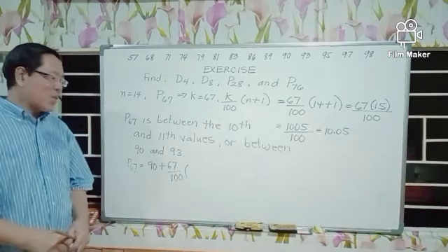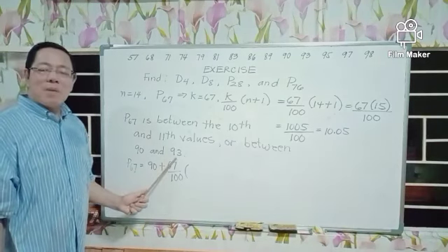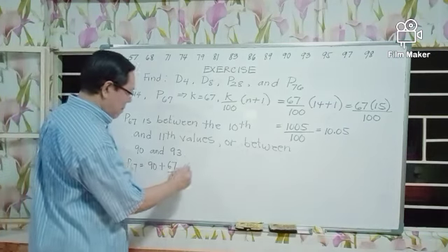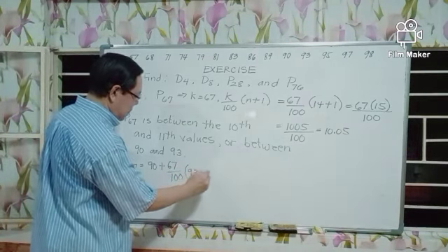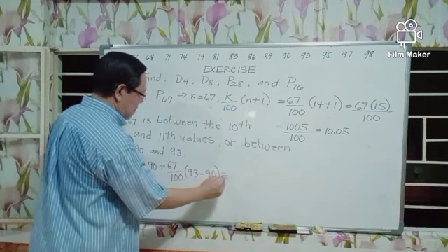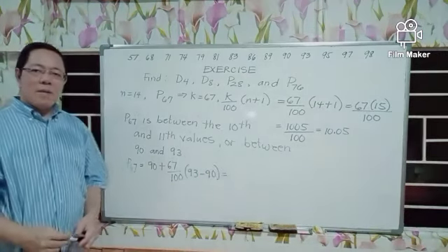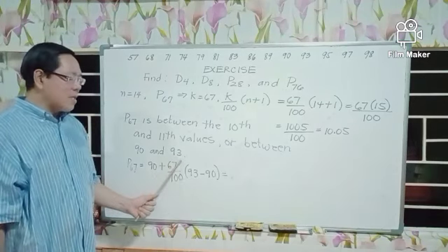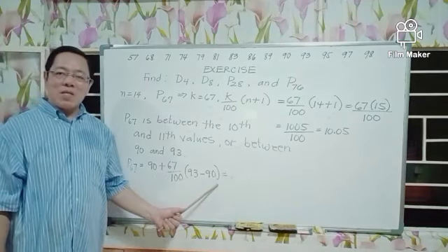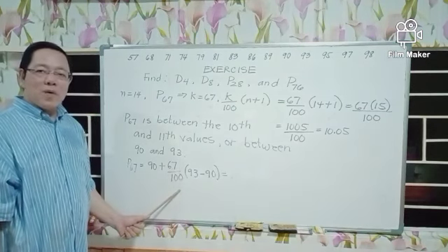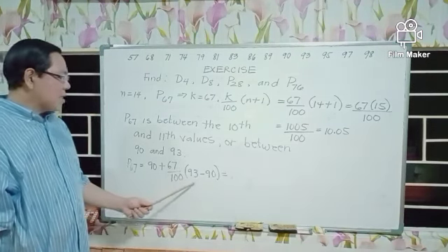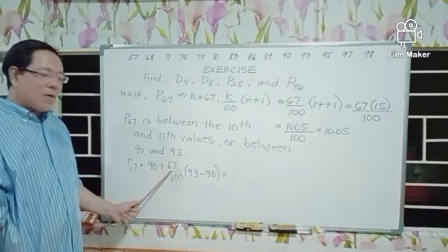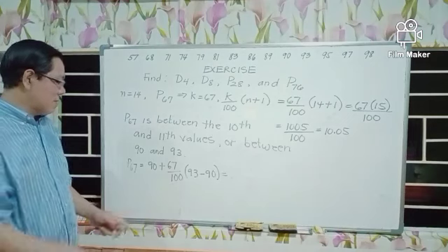And the distance between 90 and 93 is given by the difference 93 minus 90. We multiply the distance between 90 and 93, given by 93 minus 90, by 67 over 100. And 93 minus 90 is 3.